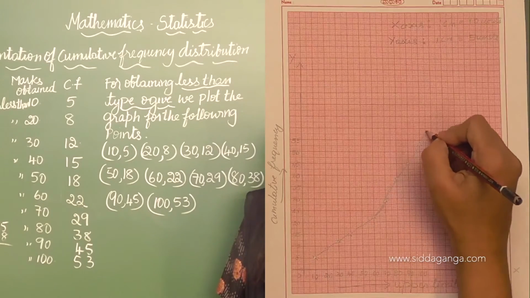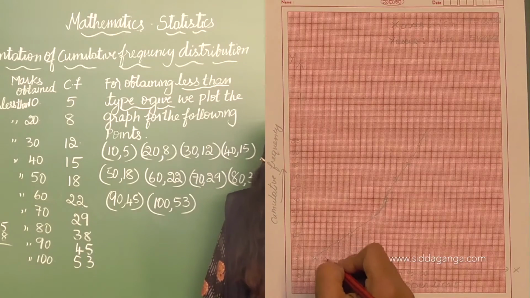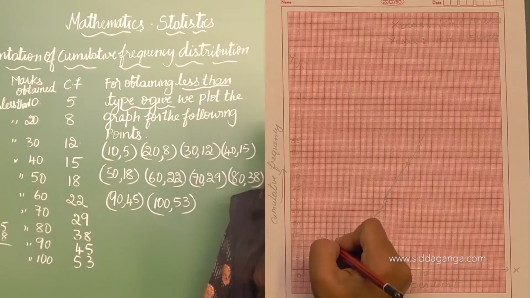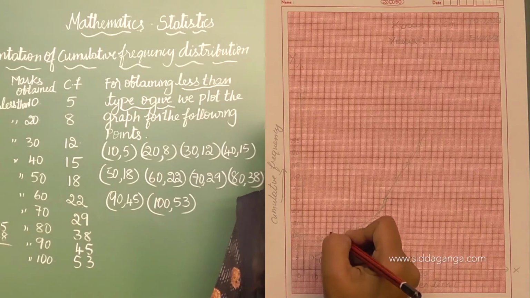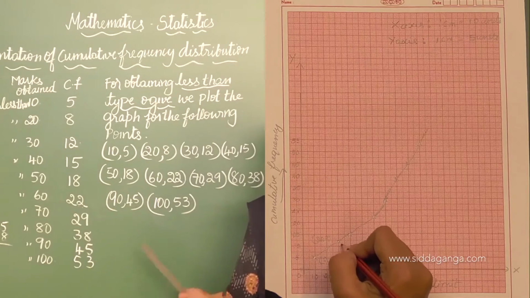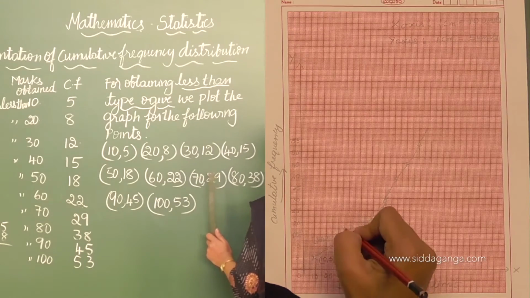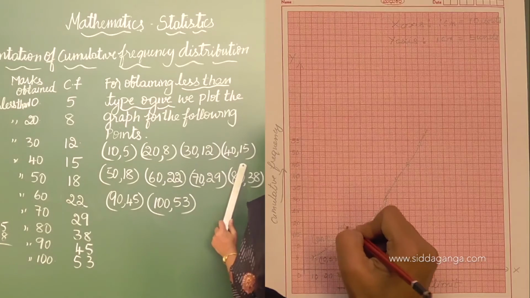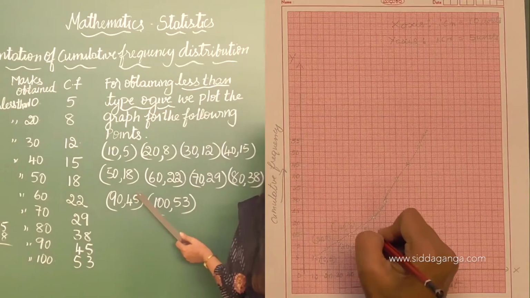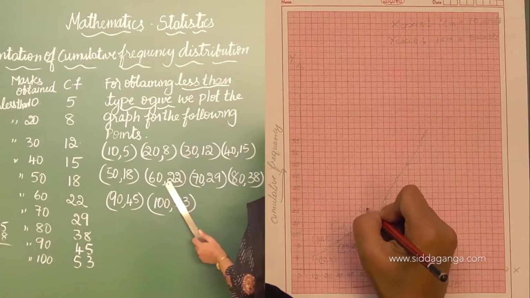So you can represent the points also here. This is 10, 5, then this is 20, 8, and this one is 30, 12, and 40, 15, and this one is 50, 18, and 60, 22.